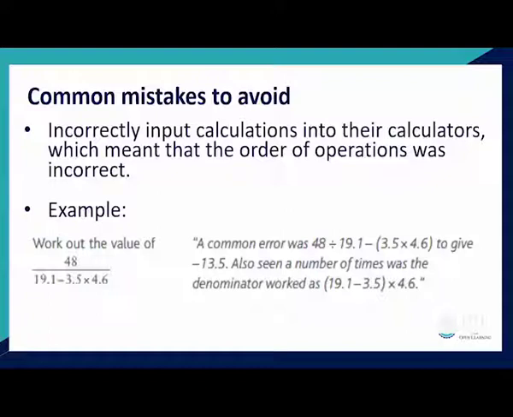Once we get this answer, it is the one that we'll multiply by 4.6, and the answer that we get here is the one that we use to divide 48 with. If you don't follow that order, you'll get a wrong answer. So it's always important to make sure your order of operations is correct and you know and understand how to do these operations of division, multiplication, addition, and subtraction.